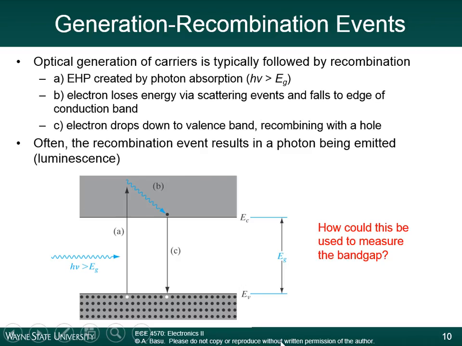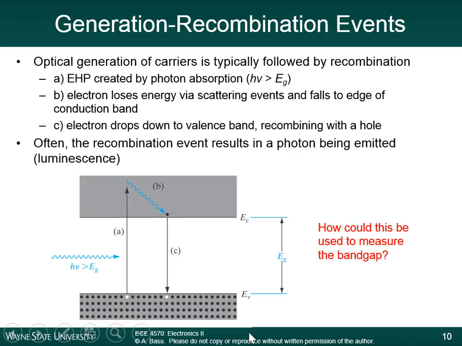Part C. Now the electron has reached the edge of the conduction band. Now if an electron is looking for a lower energy state, the next lowest energy state is all the way down here. All right, that's the key difference between B and C. Here the electron is just going from one energy state to the next one. It just keeps on jumping in small energy increments. But once it gets down here, the next lowest energy state is all the way down here.